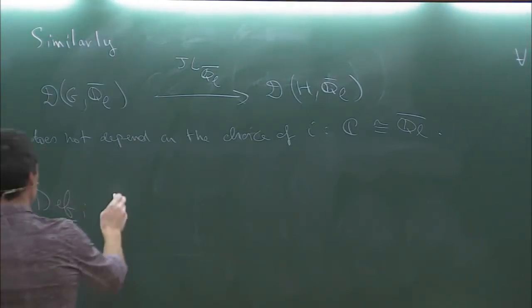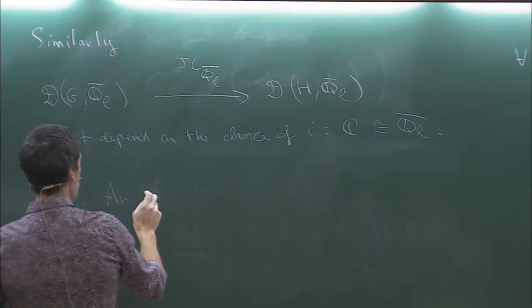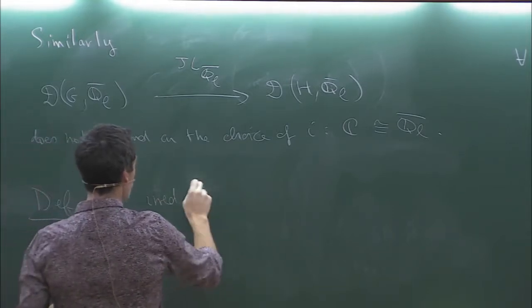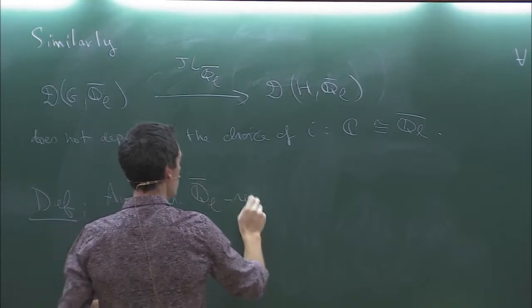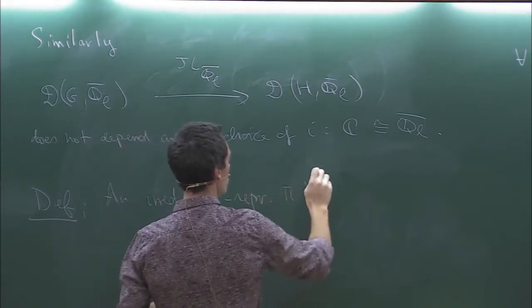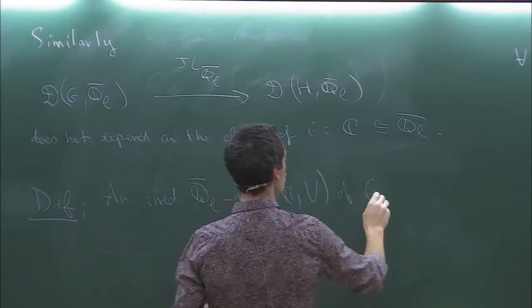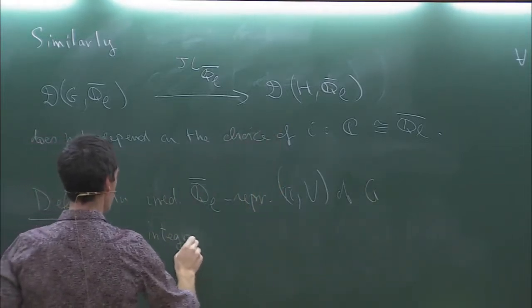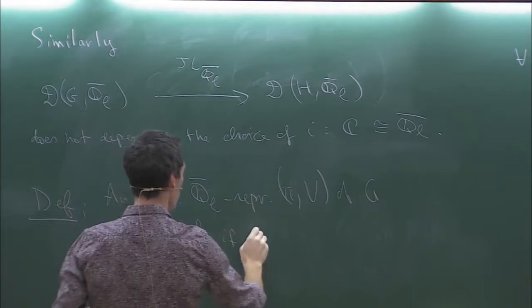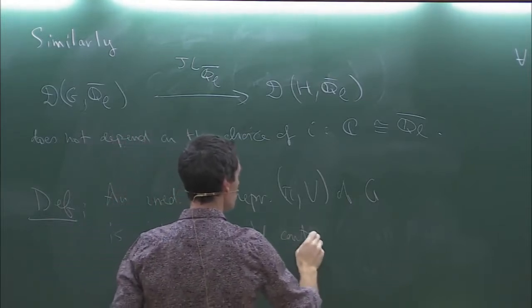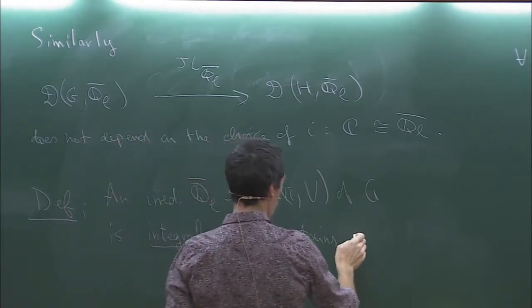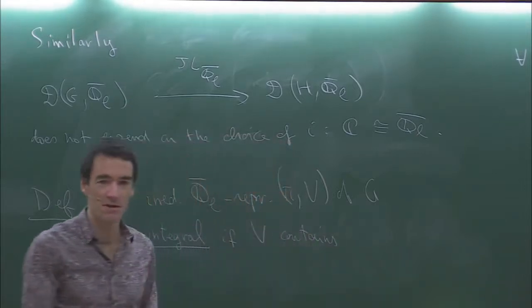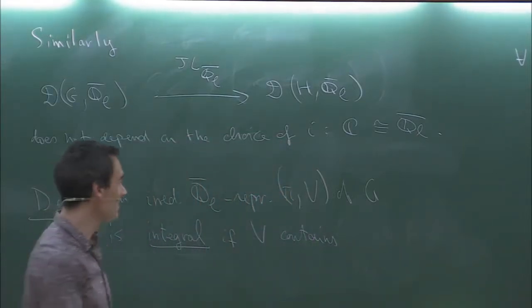So first the definition. An irreducible QL bar representation (pi, V) of G is said to be integral if V contains a G-stable ZL bar lattice. You cannot reduce V directly because it is a QL bar vector space.